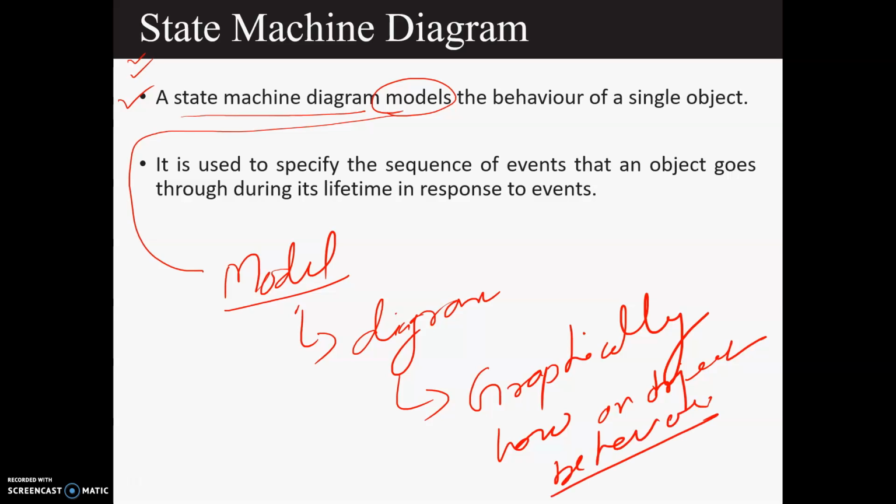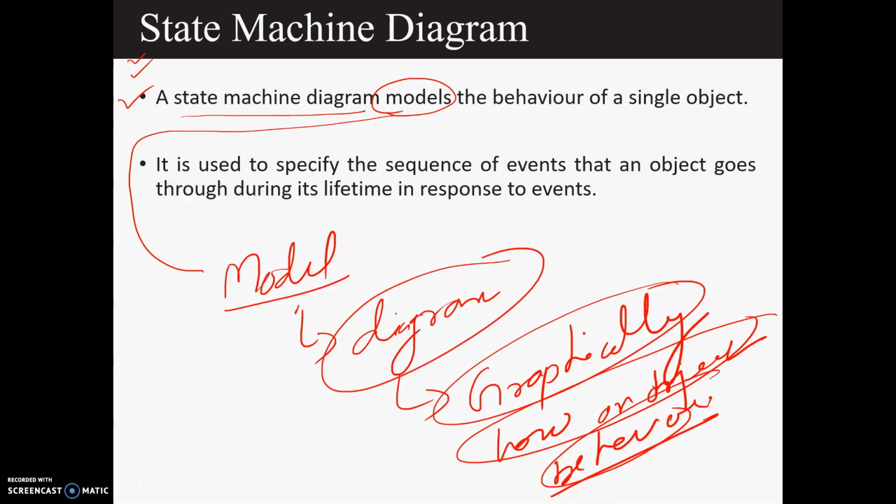We want to understand the behavior of an object graphically, with the help of a diagram, or with the help of a model. The same thing is explained in point number 1.